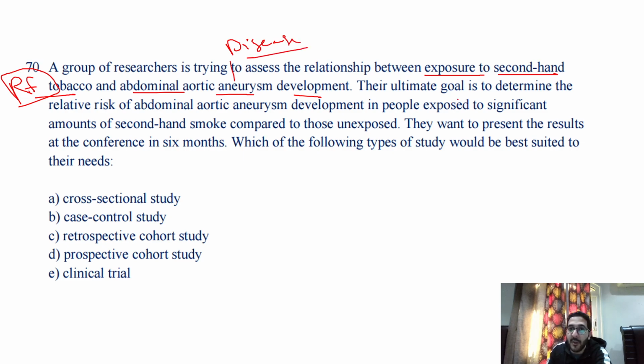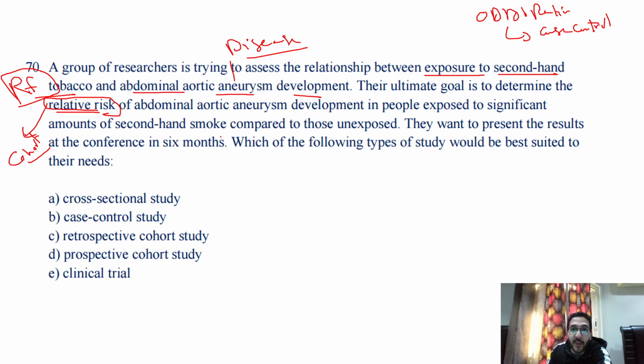Let's continue. The ultimate goal is to determine the relative risk. The study type that examines relative risk is cohort. It's very easy: relative risk is cohort, but odds ratio is case control.